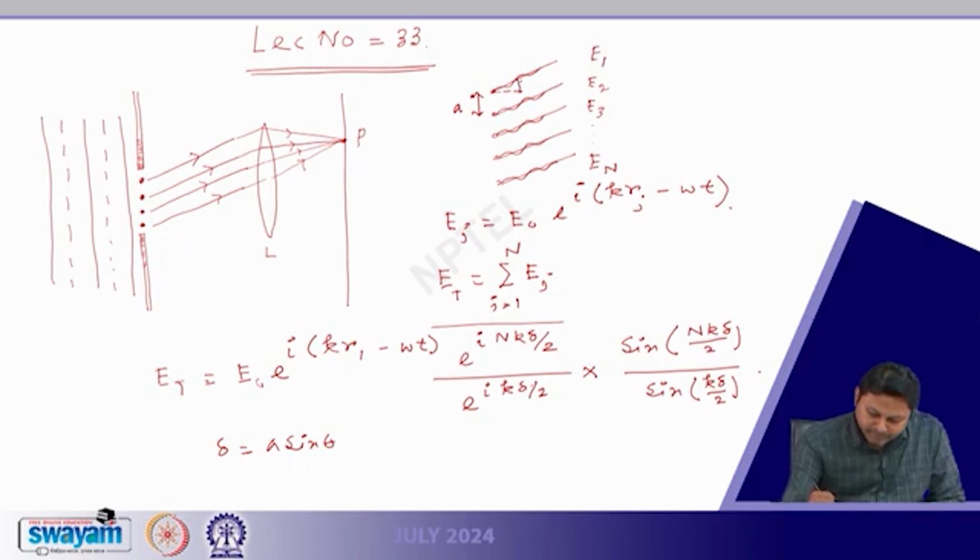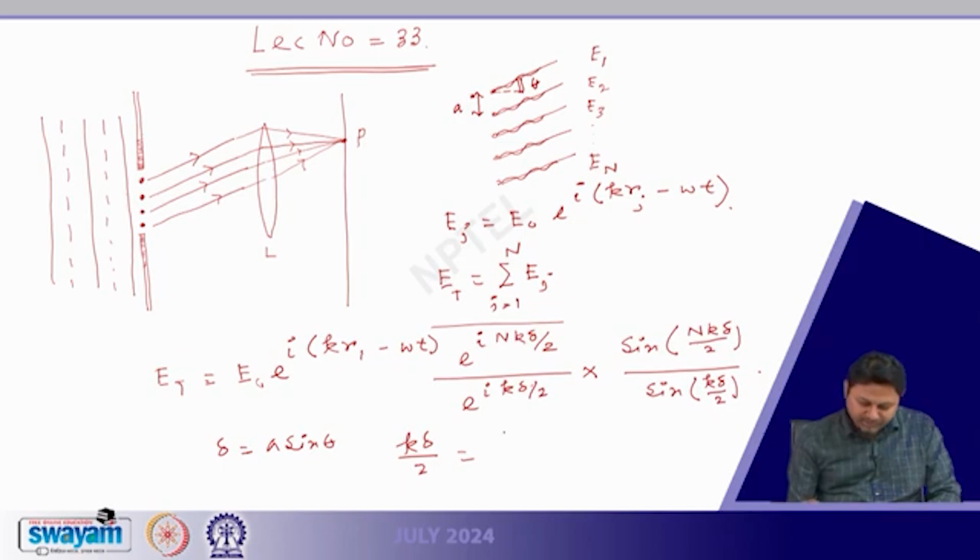This is the angle theta. So k delta divided by 2 was essentially pi a sin theta, whole divided by lambda.